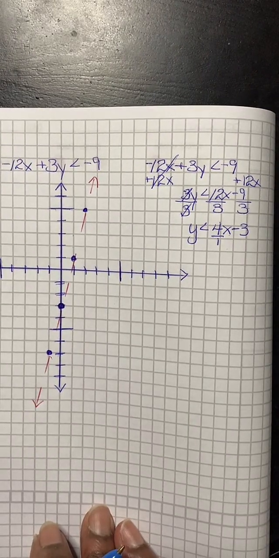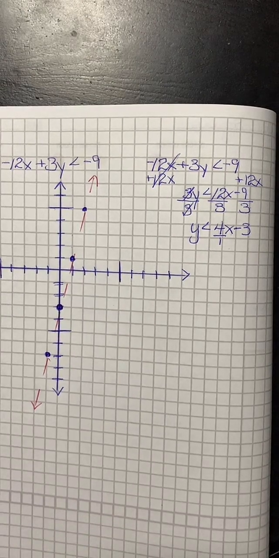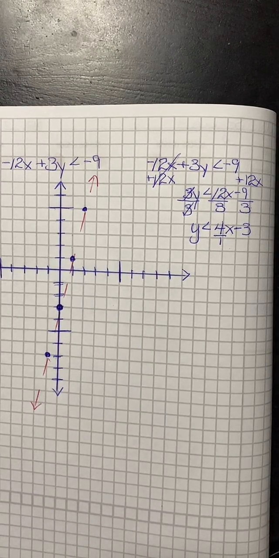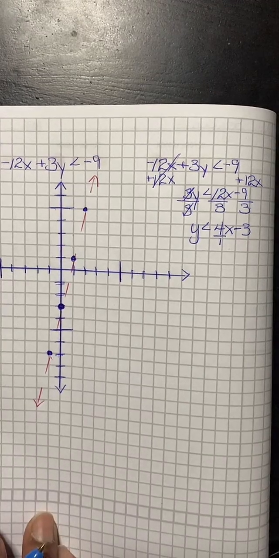Okay, so I got my dashed line. And then most of you guys said, where am I shading? Shade below, shade below. I think everyone said shade below. I had like 4 people that said shade below.